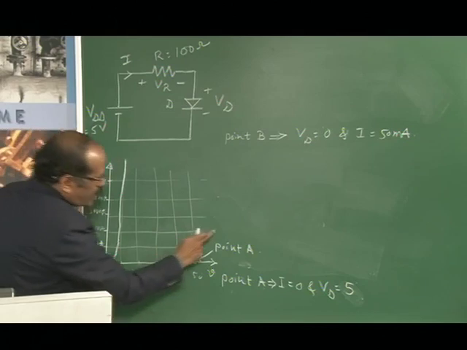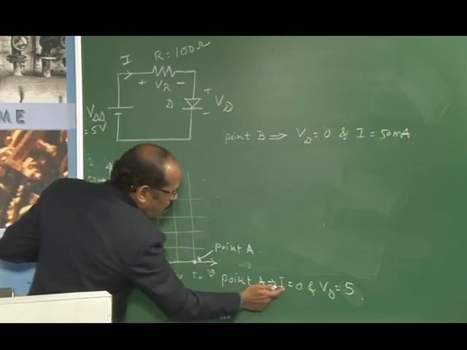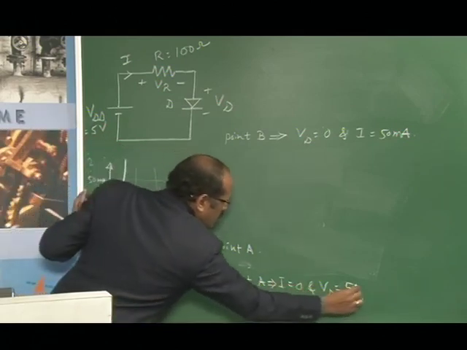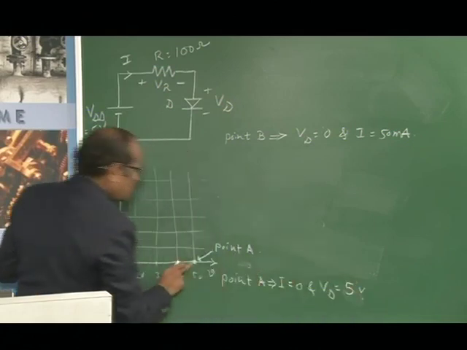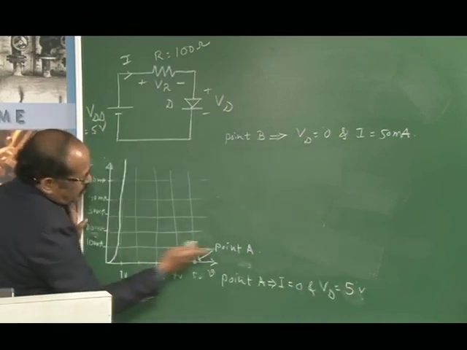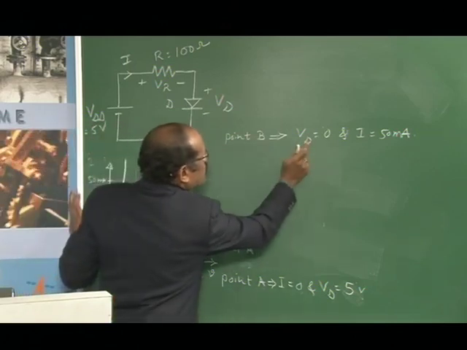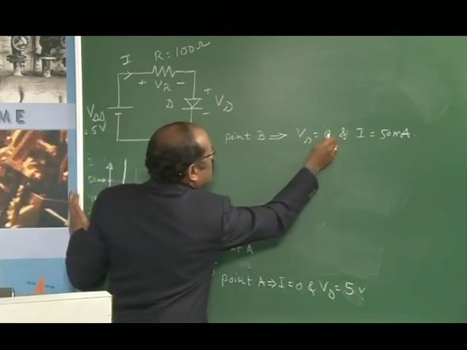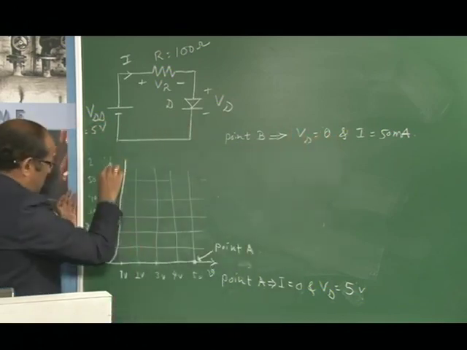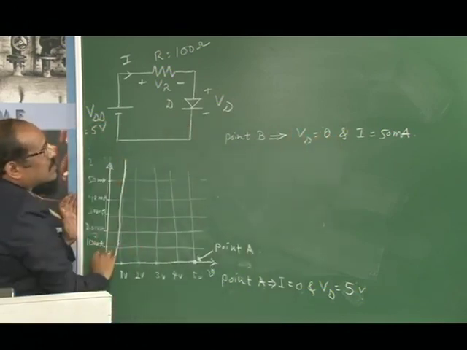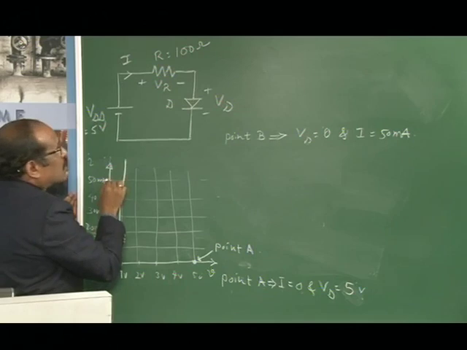Point A represents the current I equal to 0 and Vd, the voltage drop across the diode, equal to 5 volts here. Similarly, point B corresponds to Vd equal to 0, which is this axis, so the point will be here.